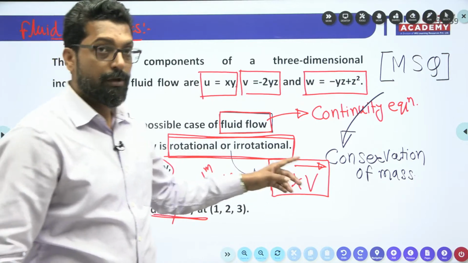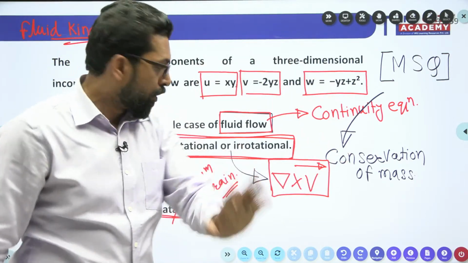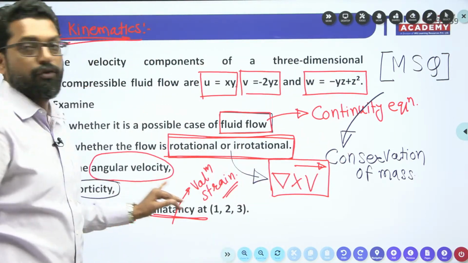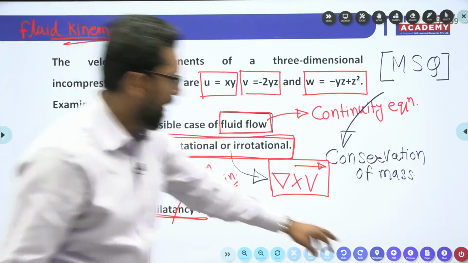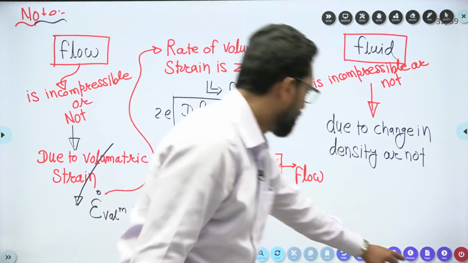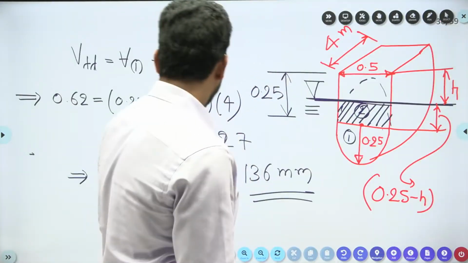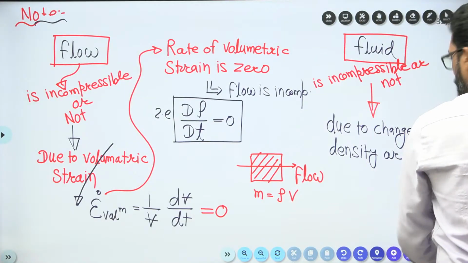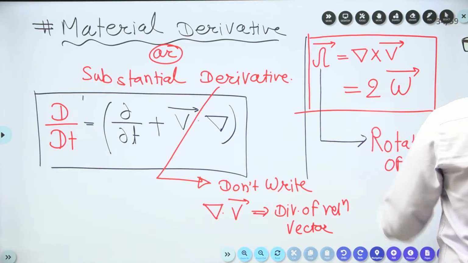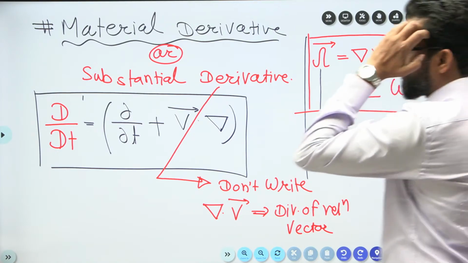Mind it, irrotational means not rotating, right? Angular velocity, omega x, omega y, omega z, right? Vorticity, you directly write vorticity, the curl of a velocity vector.